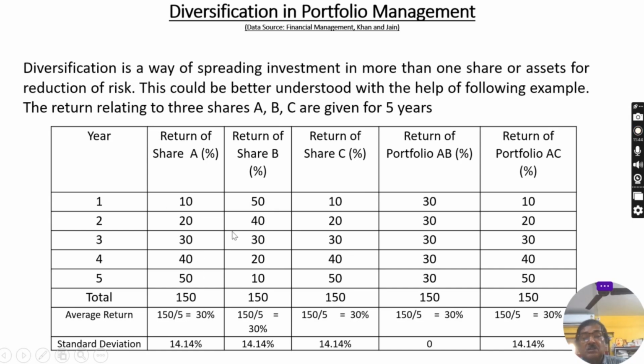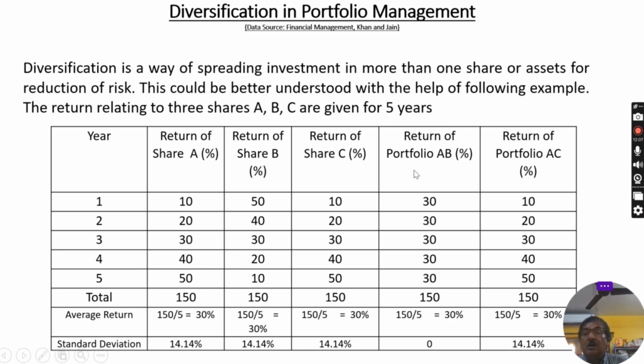This is the situation when you can reduce the risk even to zero, but in practice not necessarily it would be 100% -1 correlation of the shares, but still you can reduce the risk. That will be discussed how and when in my next video.